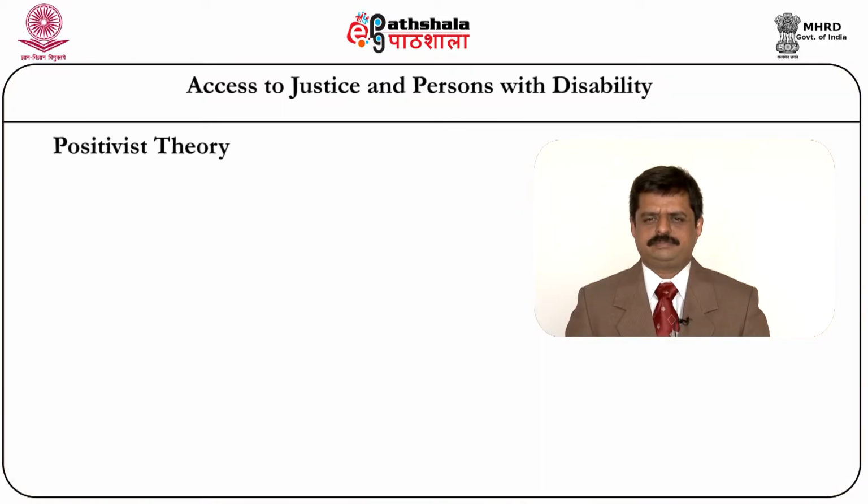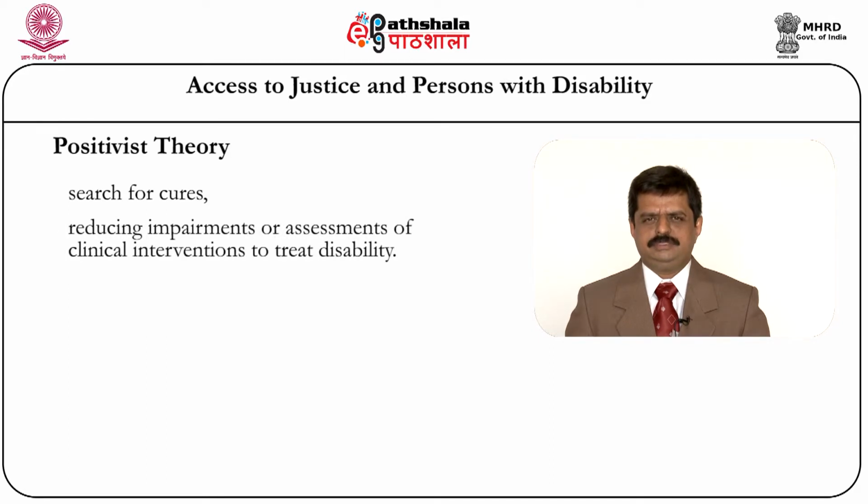Positivist theory. This positivist theory speaks about cures. If a person is suffering from any kind of disability, he should have clinical and medical intervention and try to cure the disability.